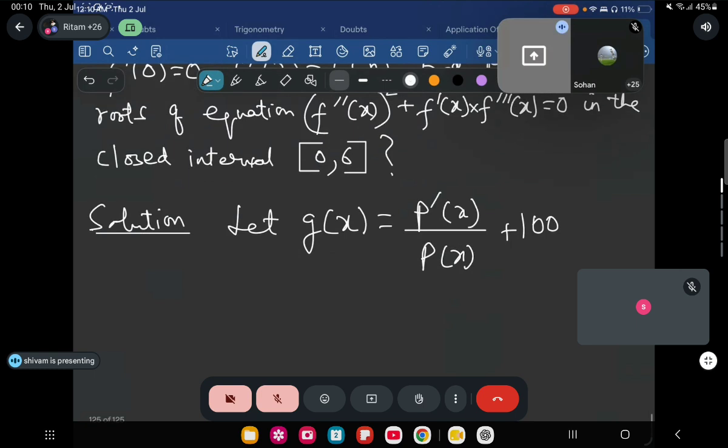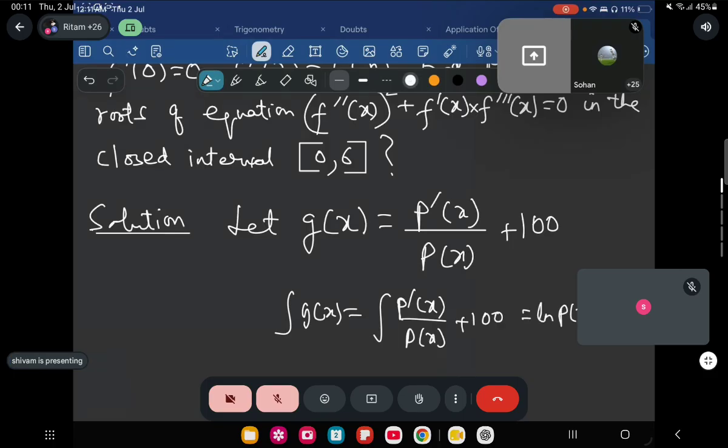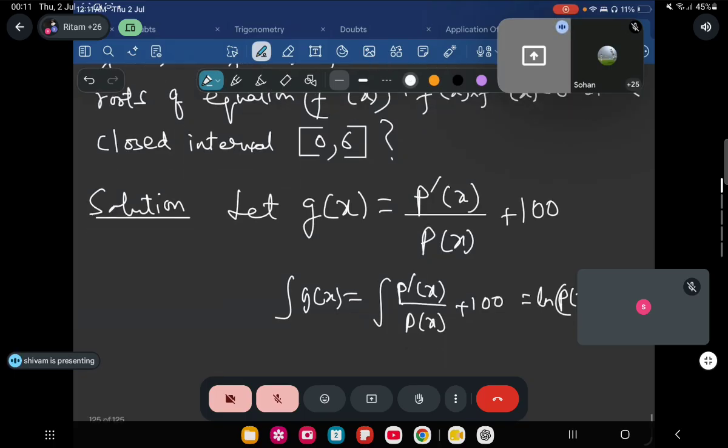On integrating, integral of g of x will be equal to integral of p dash x upon p of x plus 100, which will give us ln p of x plus 100x.